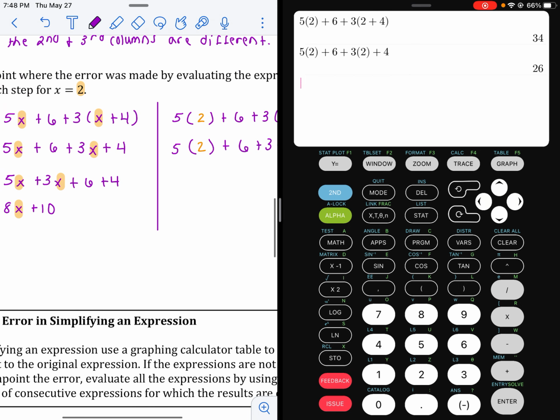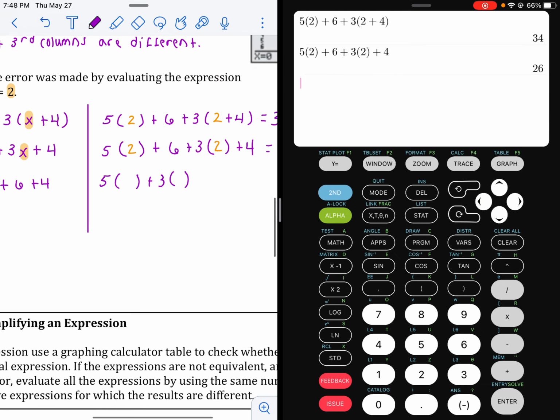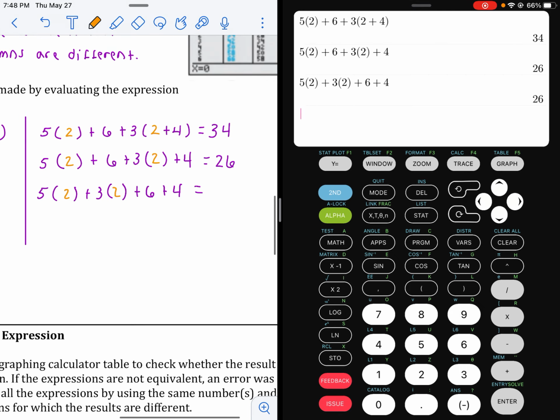You could continue checking these though. So if I take my 5 times 2 plus 3 times 2 plus 6 plus 4 and type it into my calculator, we get 26 again.